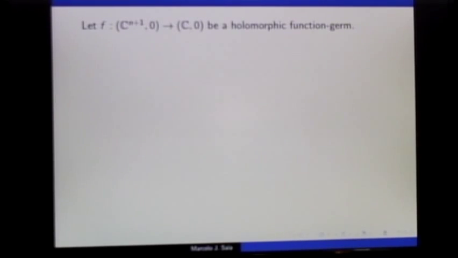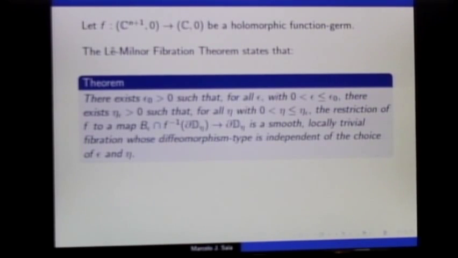First, I am going to talk a little bit about the Milnor-Lê fibration, which is very common. Everybody knows the Milnor fibration: the fiber on a ball.